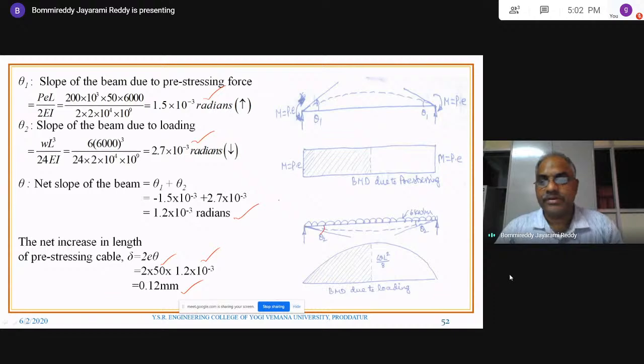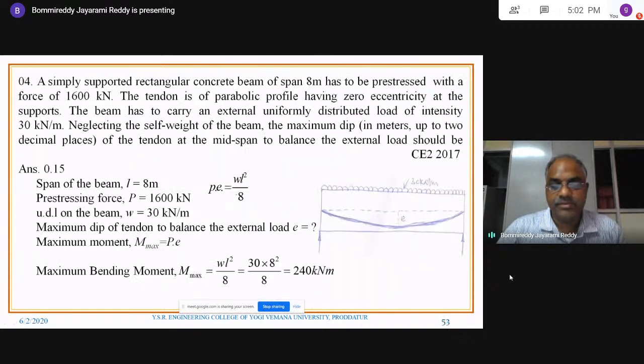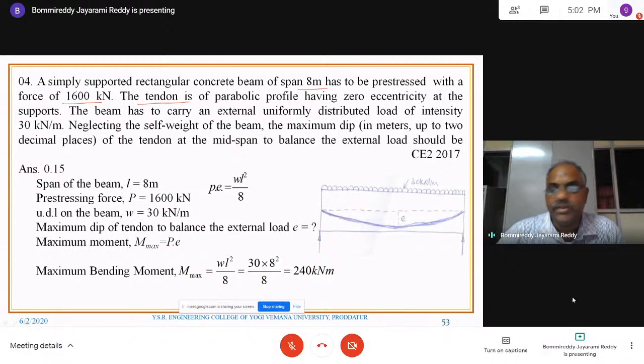Let's see one more question. A simply supported rectangular concrete beam of 8 meters has to be pre-stressed with a force of 1600 kilonewtons. The tendon is of parabolic profile, having zero eccentricity at the supports.